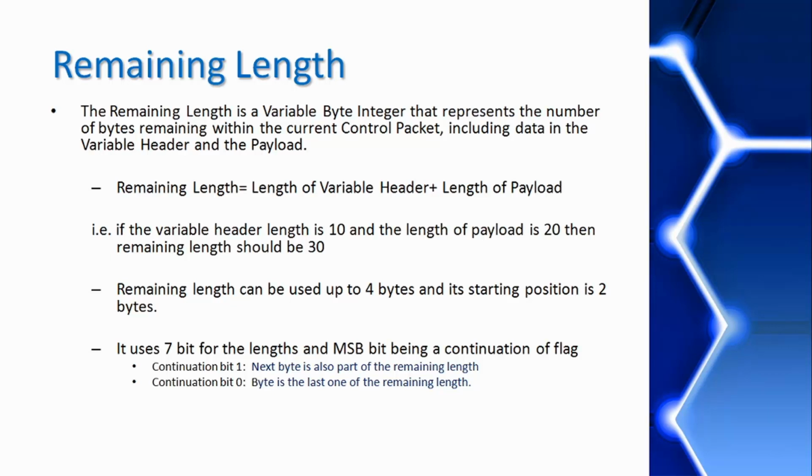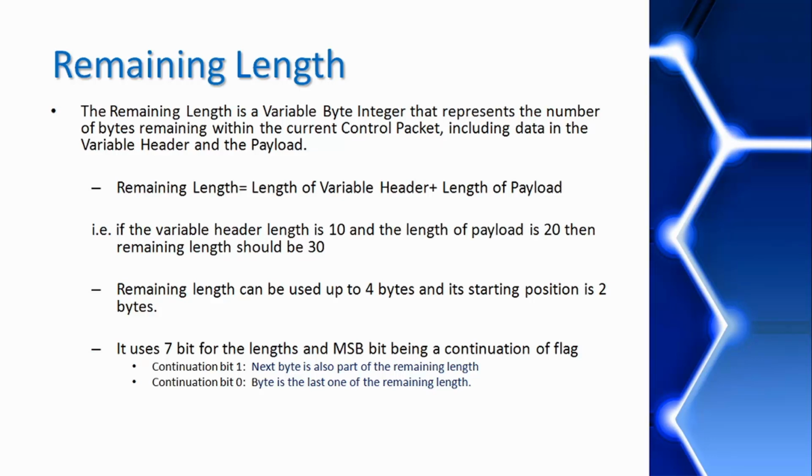In simple terms, it is the length of the variable header plus the length of the payload. For example, if the variable header length is 10 and the length of the payload is 20, then the remaining length should be 30.